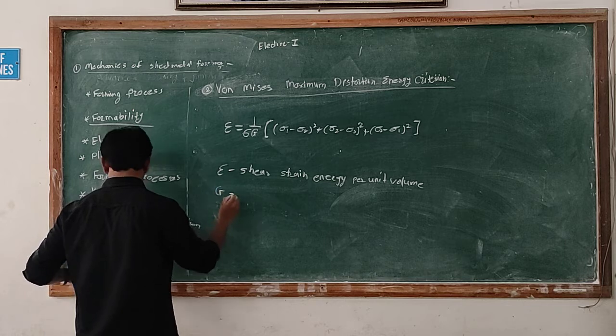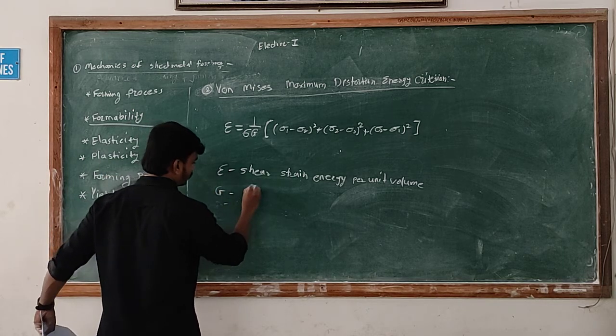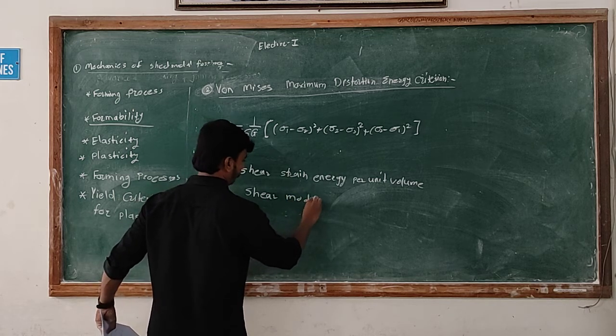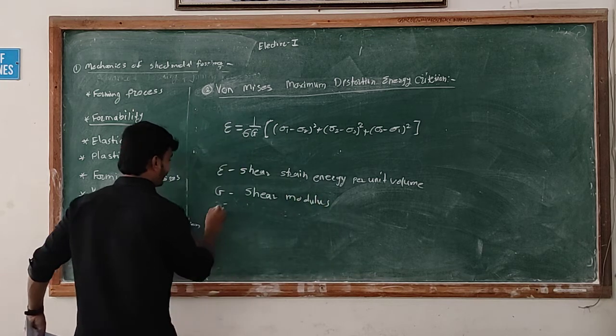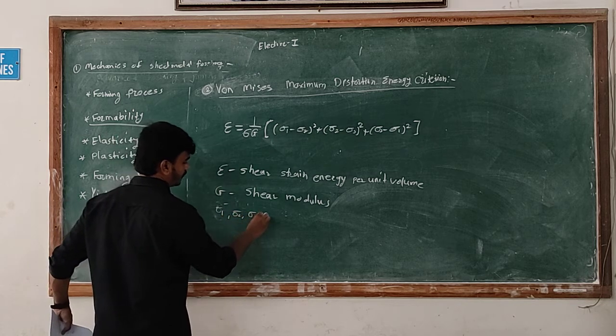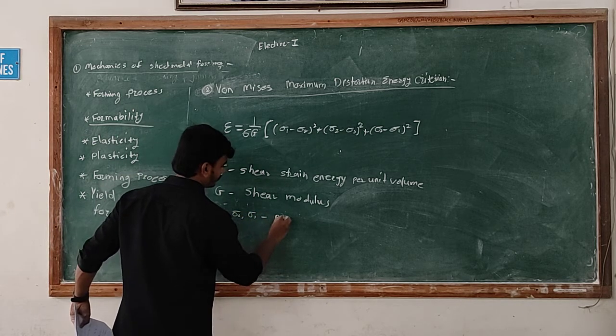G is the modulus of shear, or shear modulus, and sigma 1, sigma 2, sigma 3 are the principal stresses.